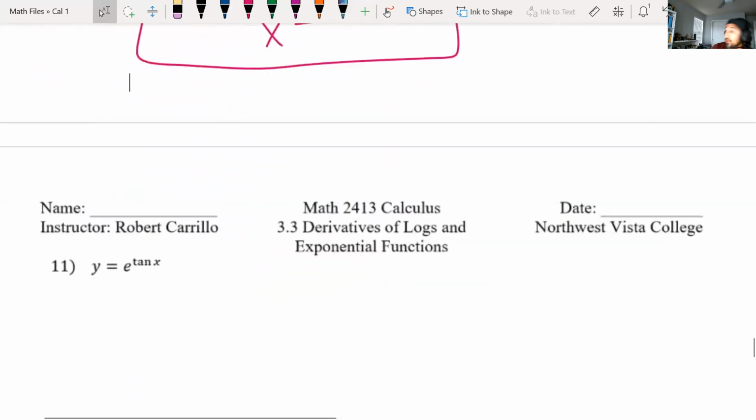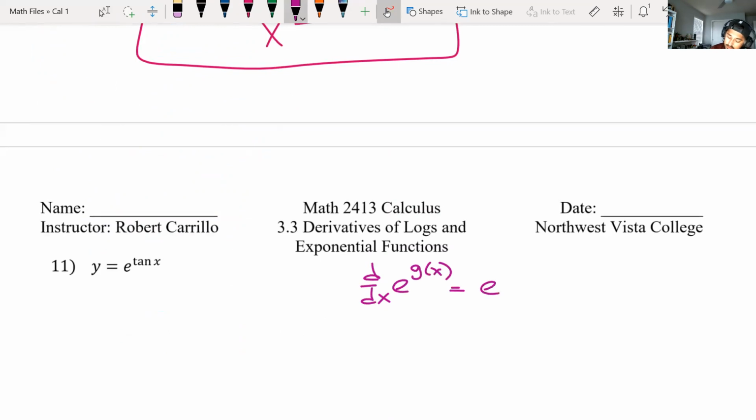All right. 11. Here we're going to use the chain rule derivative for e to the x. So I'll write it out over here. d over dx of e to some function g of x is e to the g of x times g prime of x. So for this one, if I said y prime, the derivative for e to the tangent of x, what are you going to write?